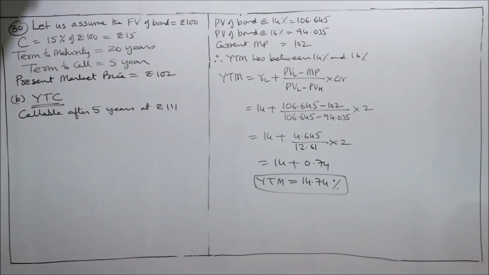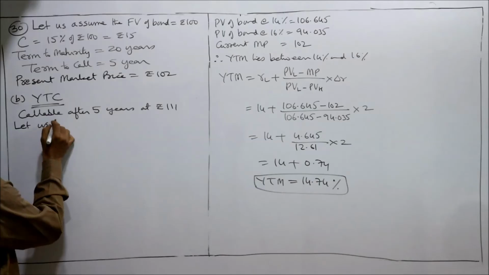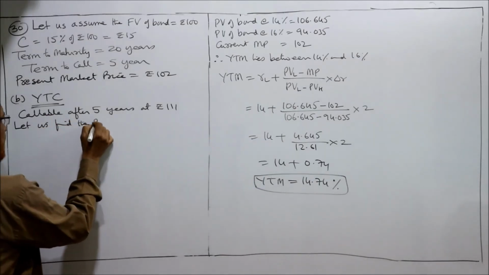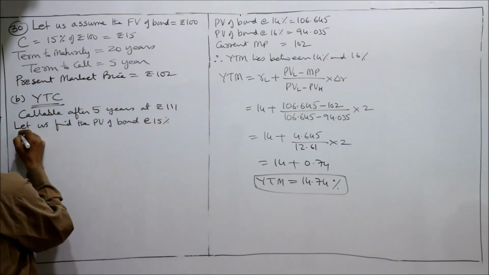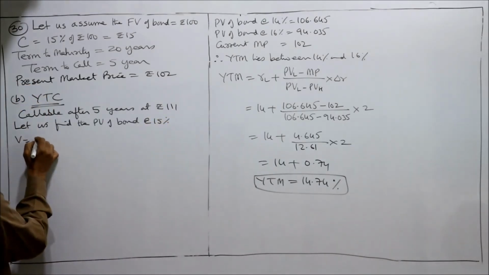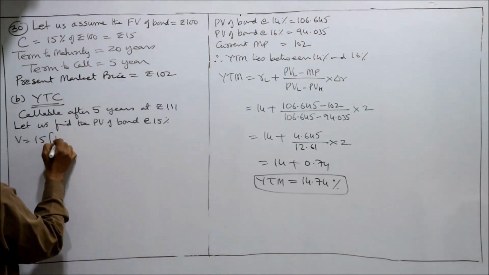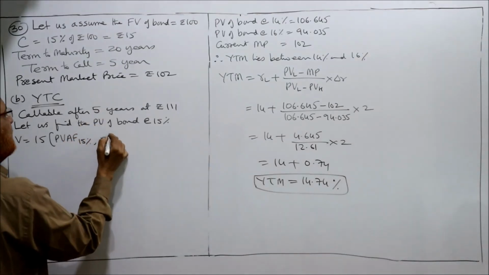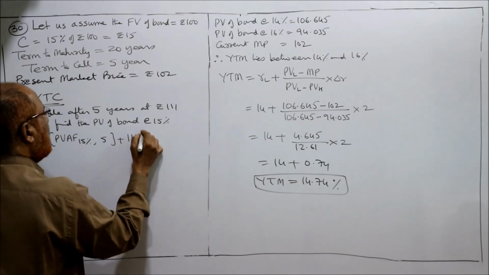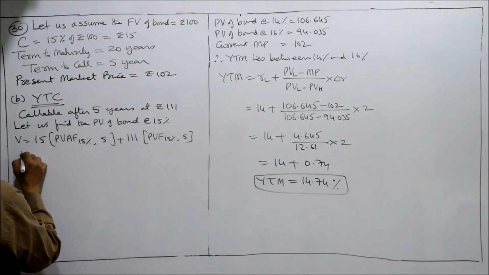So, PV of cash flow at 15%. So V is equal to, what is the coupon interest? 15 rupees. PVAF 15% for 5 years plus 111 into PVF 15% for 5 years.